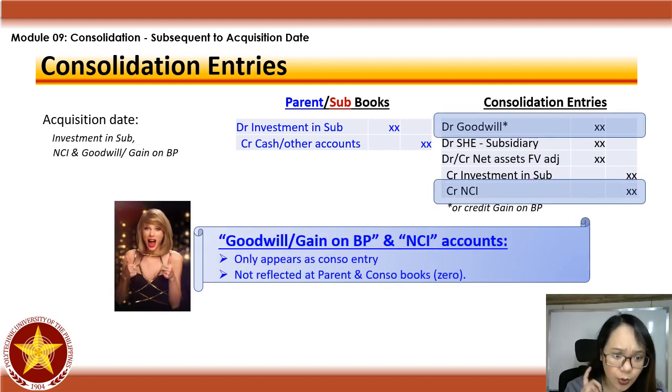Next, I want to point out that the goodwill and the non-controlling interest accounts will only appear in the consolidation entry. So you will not see their balances in the parent or subsidiary books. You will only see them in the consolidated financial statements.